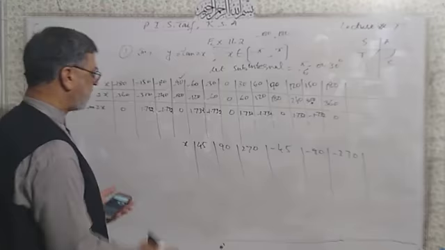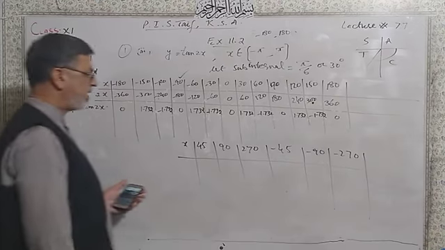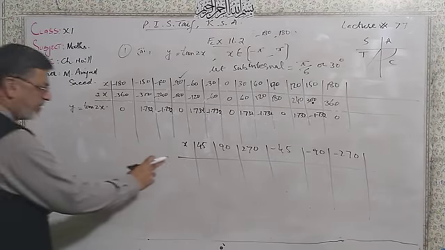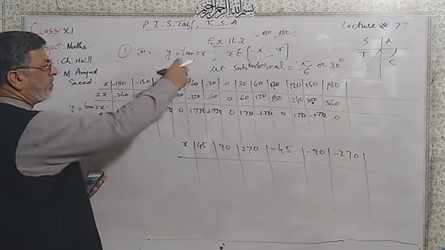Dear students, these are some special values of x for which we have to make the table of values to draw the graph in the proper way for tangent function.